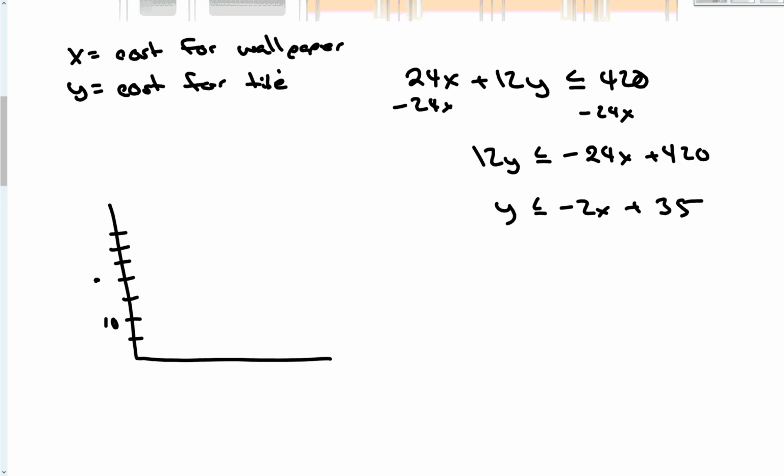It's not going to be perfect, but we'll get the general idea here. And let the bottom go by 5, 10, 15, 20. So we're going to start at 30, and we're going to go down 2, right 1, down 2, right 1, down 2, right 1, and so on.